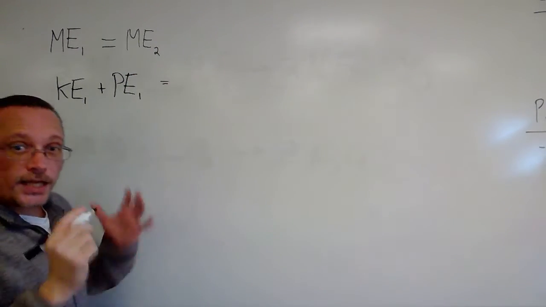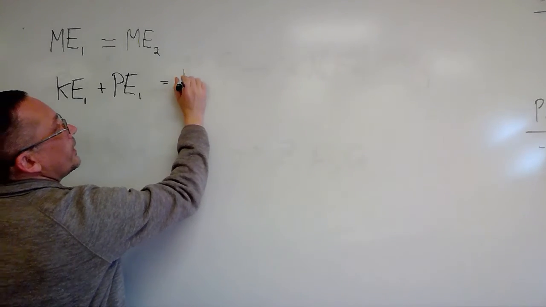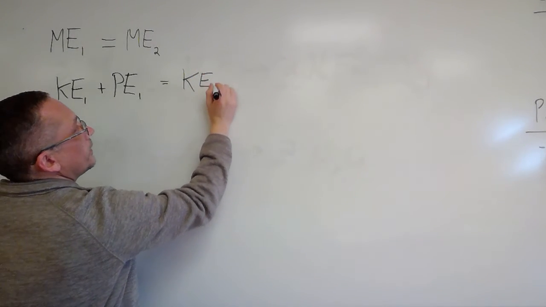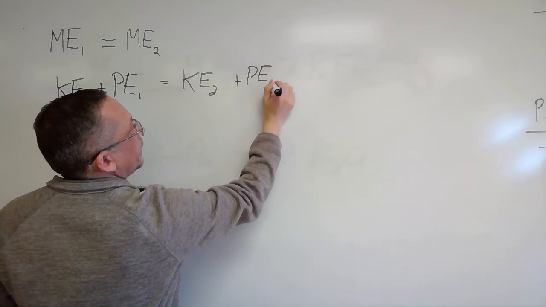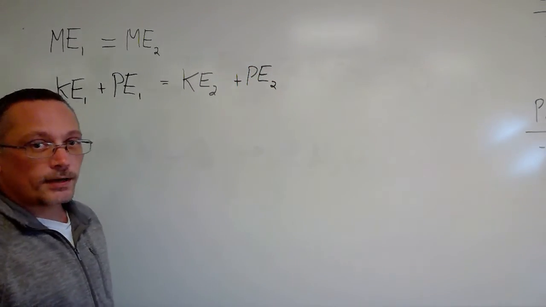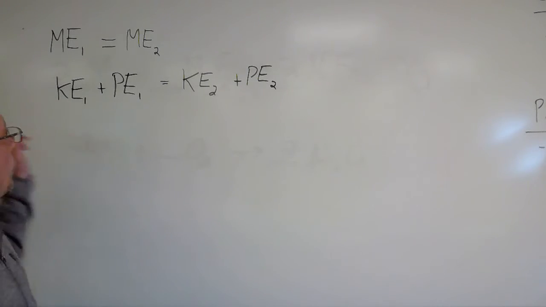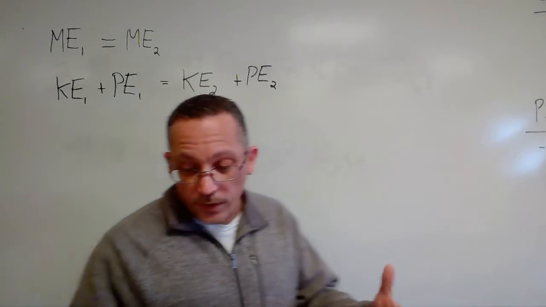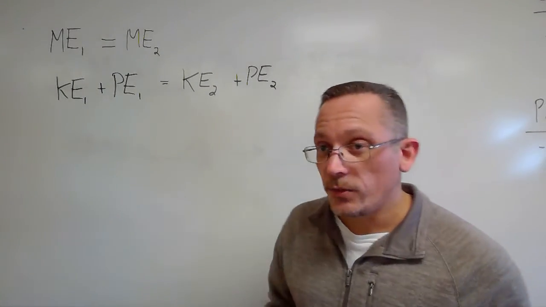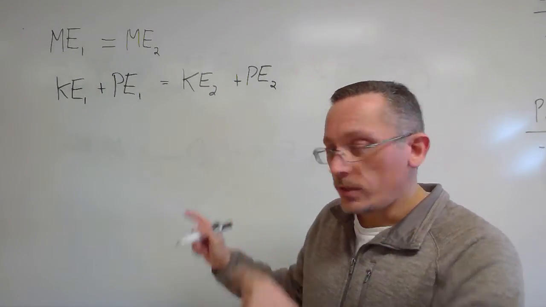And the mechanical energy at the end is the kinetic energy at the end plus the potential energy at the end. Now, we have formulas for kinetic energy and potential energy, things that we can use to calculate those things. So let's put in some of those things.